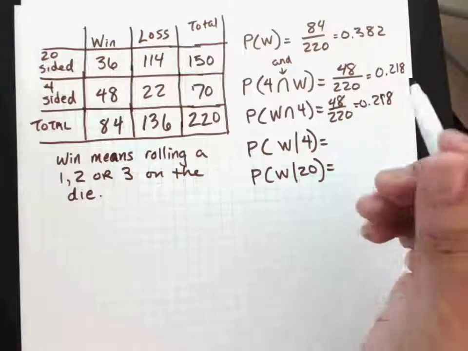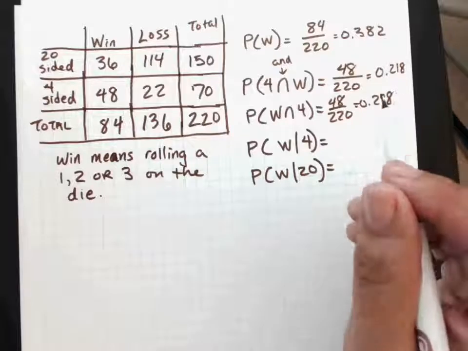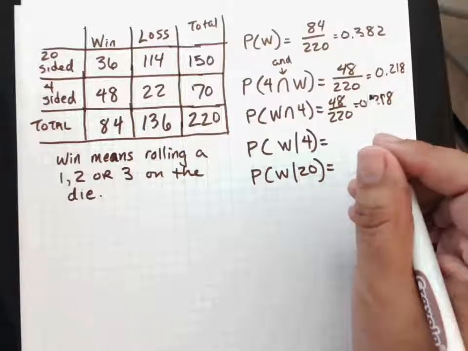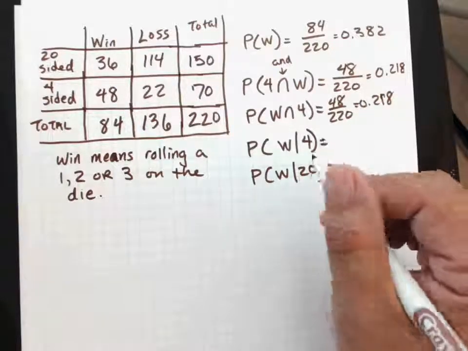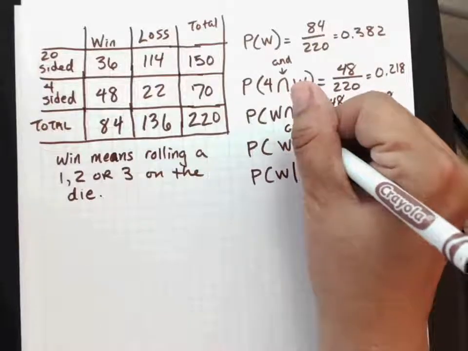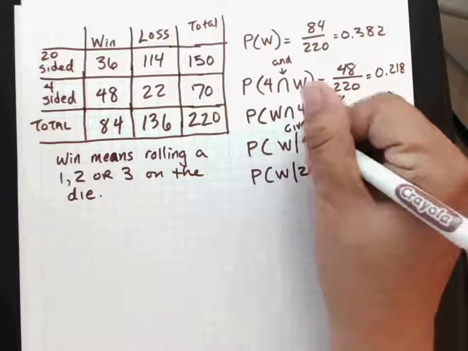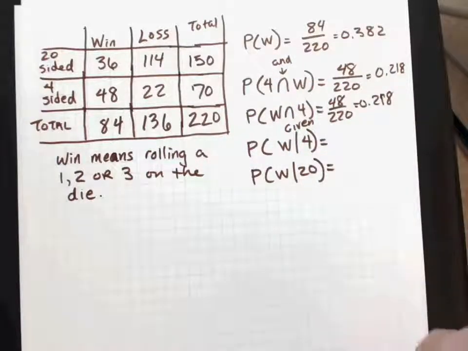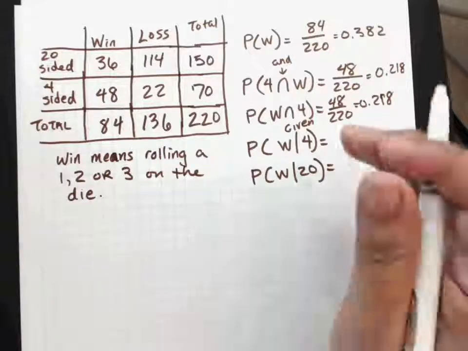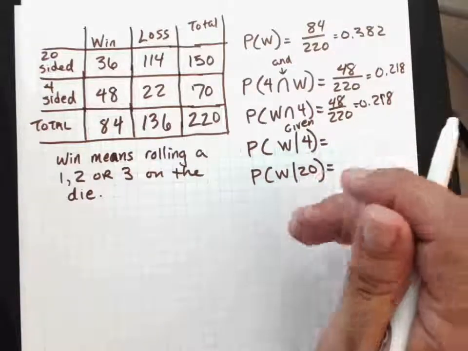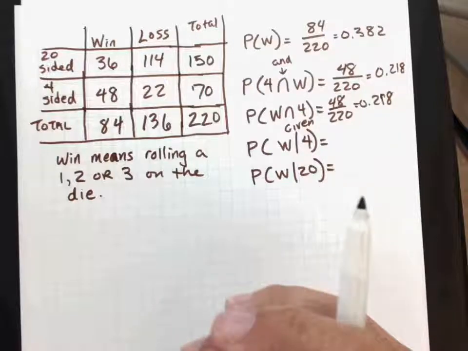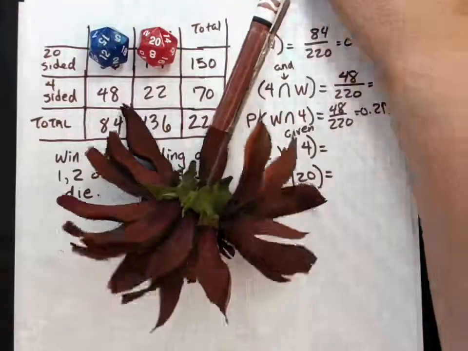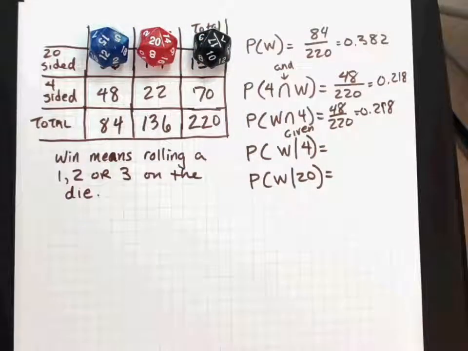Now, what's the probability of winning given that I have a 4-sided die? That's a different question. This symbol right here is given, and you read it, winning given 4. When I say given 4, what that means is that I'm ignoring everything that's not a 4-sided die, because I'm given that I rolled a 4-sided die, right?